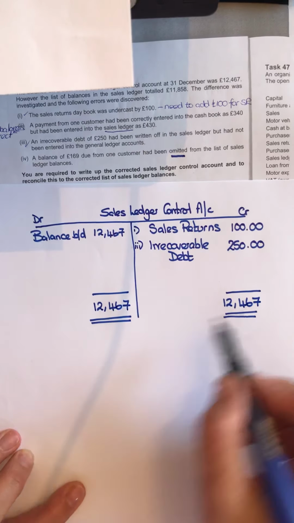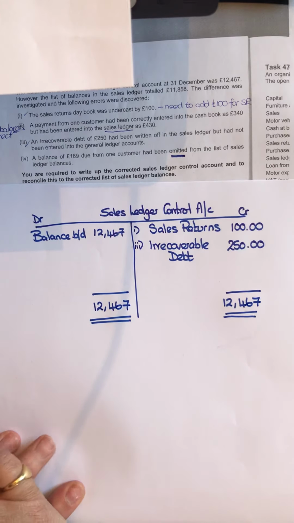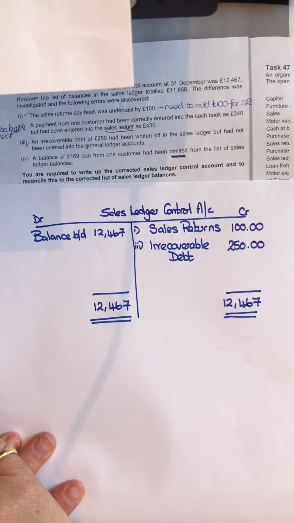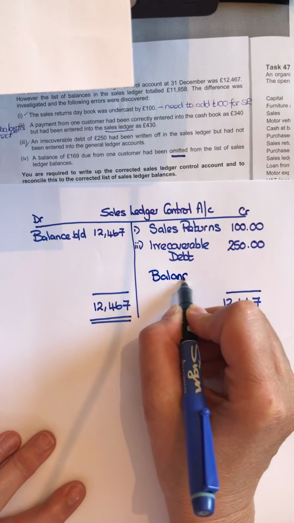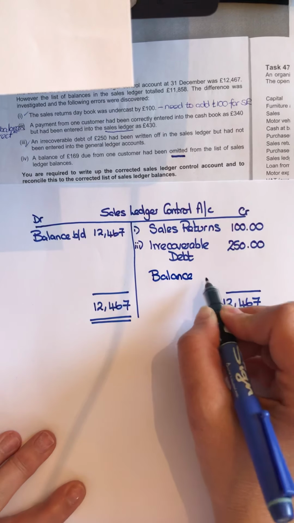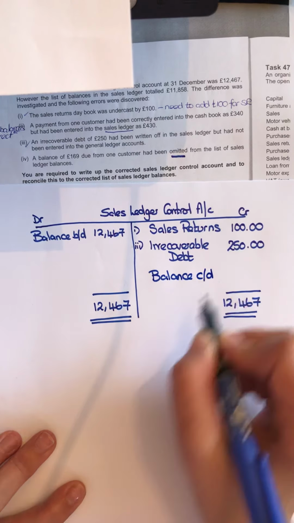So we've got our debit and credit. The credit side of our sales ledger control account doesn't add up to 12,467, so we need to put a balancing figure in to make sure it does. When it's above the totals figure, it's balance CD.